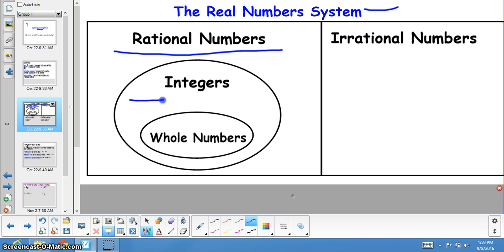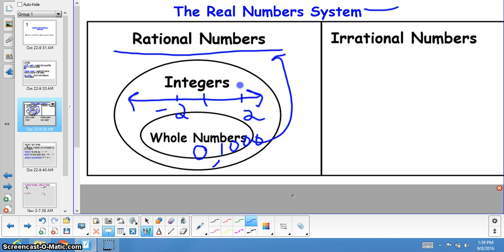Integers, numbers that fall on a number line, like -2, 2. And then whole numbers, like 0, like 1,000. These are all rational numbers. Whole numbers are rational, integers are rational.